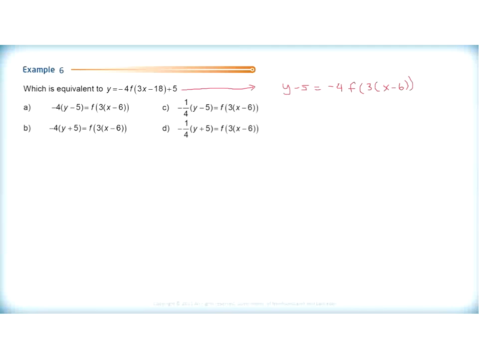All we need to do now is get rid of the negative 4, multiply both sides by negative 1/4, and that will do that. Negative 1/4 outside of y subtract 5 equals f of 3 outside of x subtract 6. Let's find that equation there. Negative 1/4, y subtract 5, f of 3 of x subtract 6. Answer C.